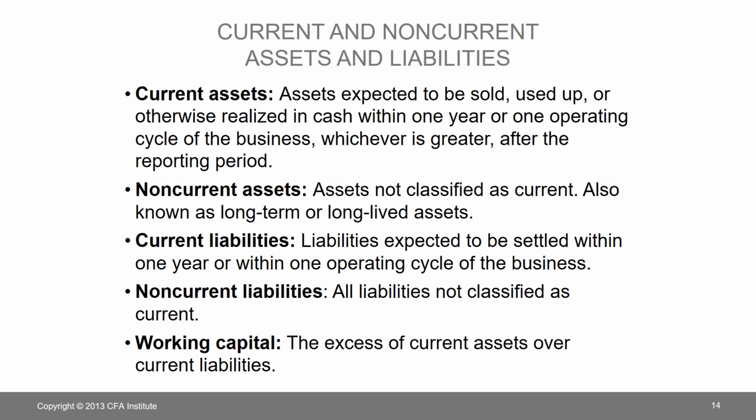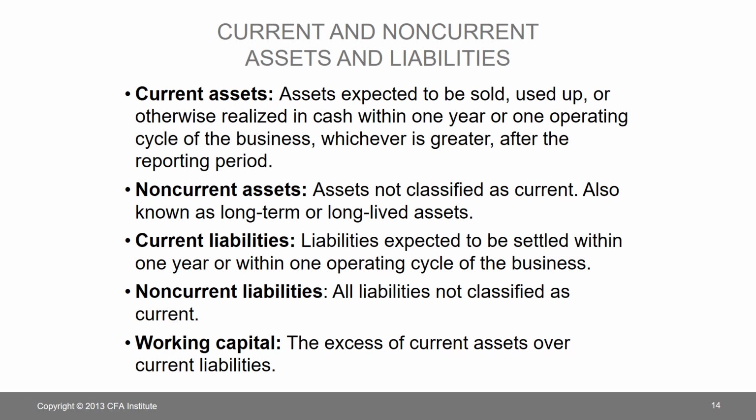Now let us try to understand the differences between current and non-current assets and liabilities. So, assets that are held primarily for the purpose of trading, or are expected to be sold, used up, or otherwise realized in cash within 1 year or one operating cycle of the business, whichever is greater, after the reported period, are classified as current assets.